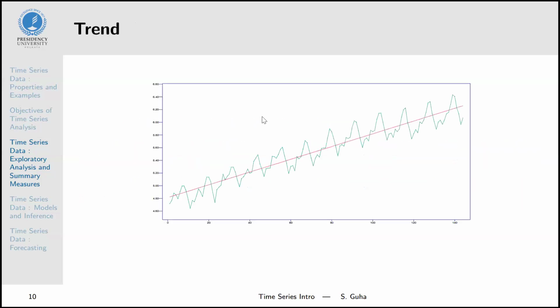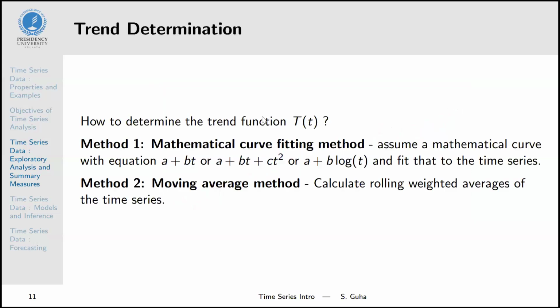If you plot 2 plus 3t on graph paper and overlay it on the original data set, it should look like this. So this is one method of determining the trend function.